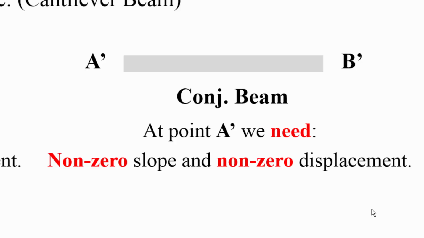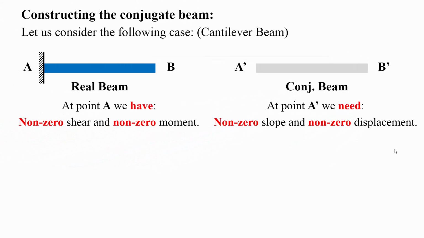What kind of support or end condition will provide you with non-zero slope and non-zero displacement? If you really think about it, you need a free end, right? Because at any free end, there is non-zero slope and non-zero displacement, because the free end is free to rotate and displace. It can rotate counterclockwise or clockwise, and it can move up and down.